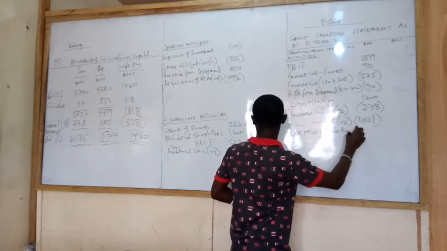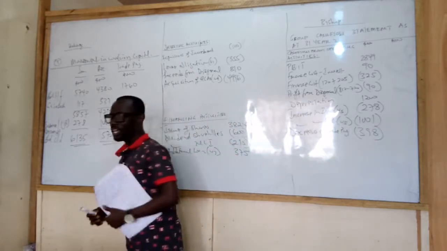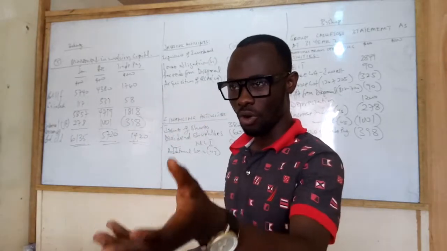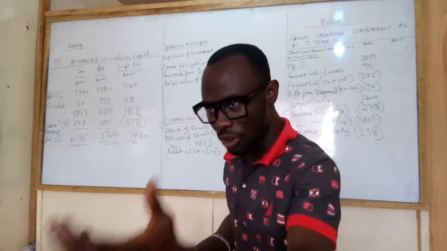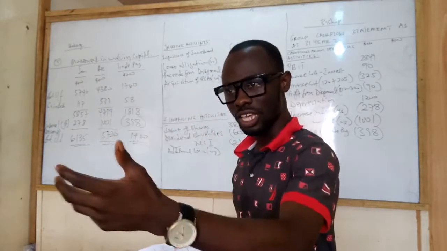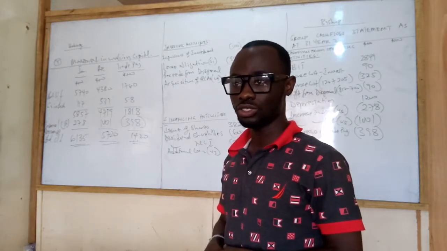So it's negative. Your debtors, if their figure increases, what does it mean? They are buying more. If it reduces, it means they are paying you. In this case, it is increasing. That means they are buying more. They are not giving you money. Sounds good?